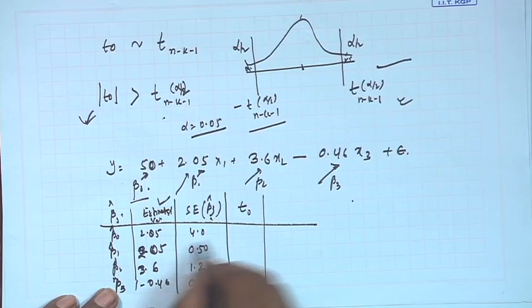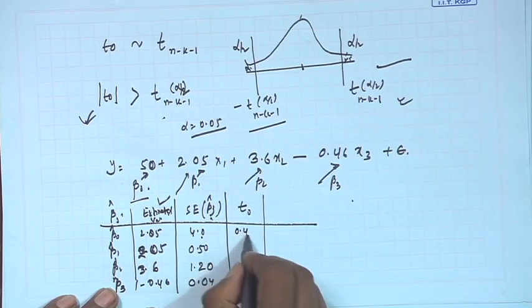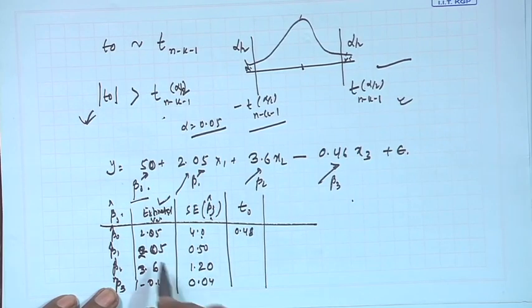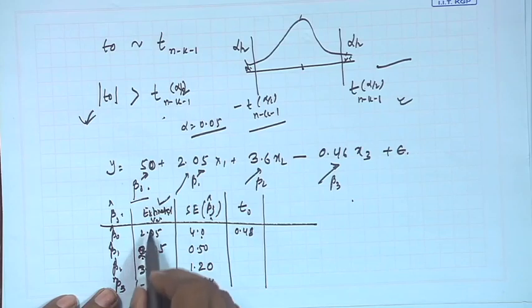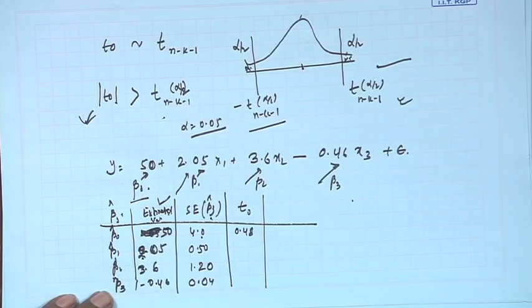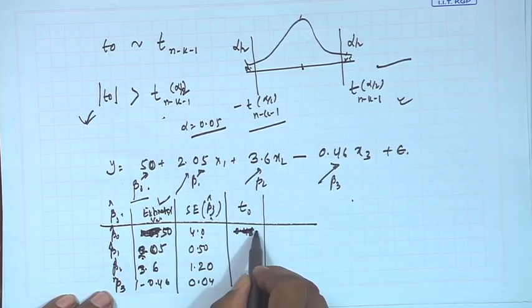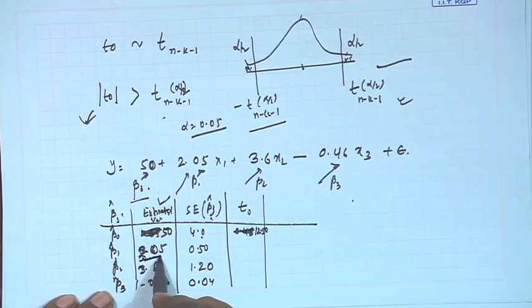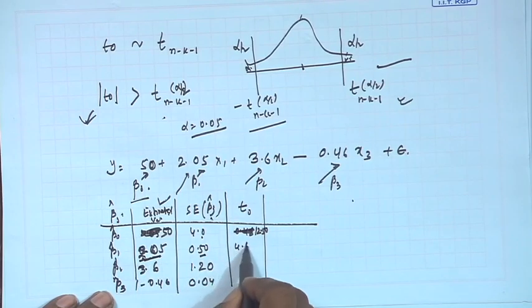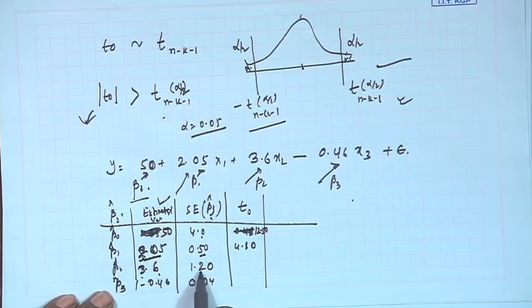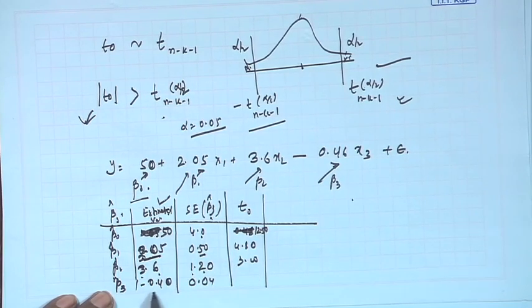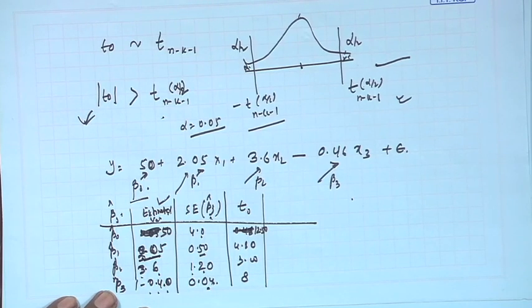So 2.05 by 4 is almost 0.48. Then beta 0 is 50, I am extremely sorry, 50 by 4 means it is 12.50. 2.05 by 0.5 means it is 4.10. 3.6 by 1.2 means it is almost 3, and 0.46 by 0.04 is almost 12 for the last one, so the t values are 12.50, 4.10, 3, and minus 12.